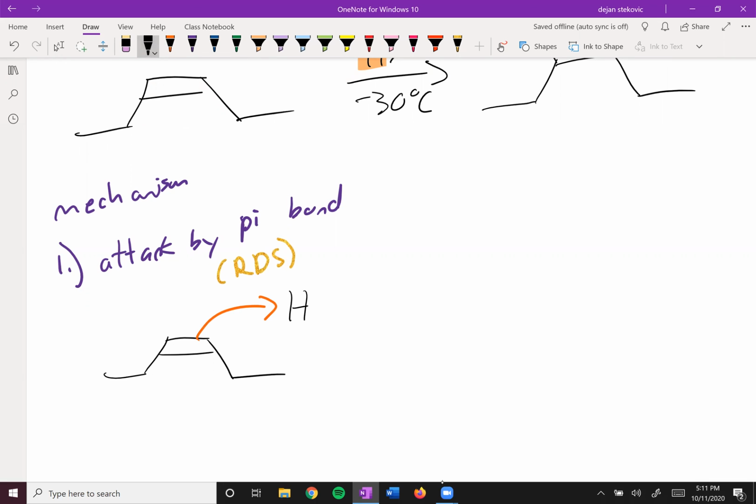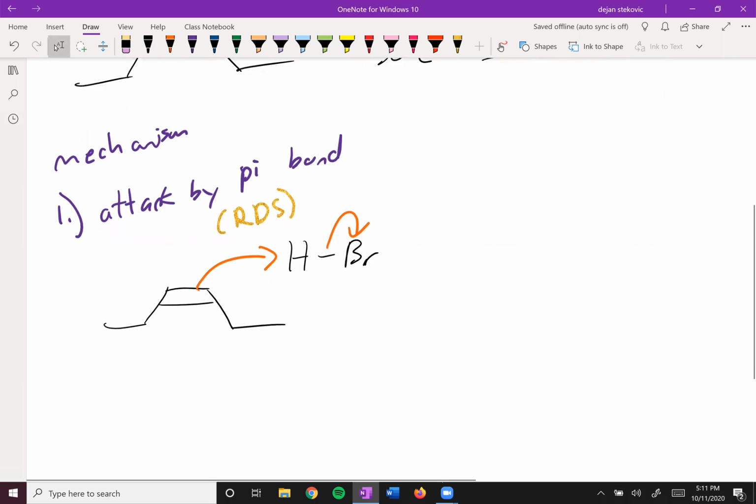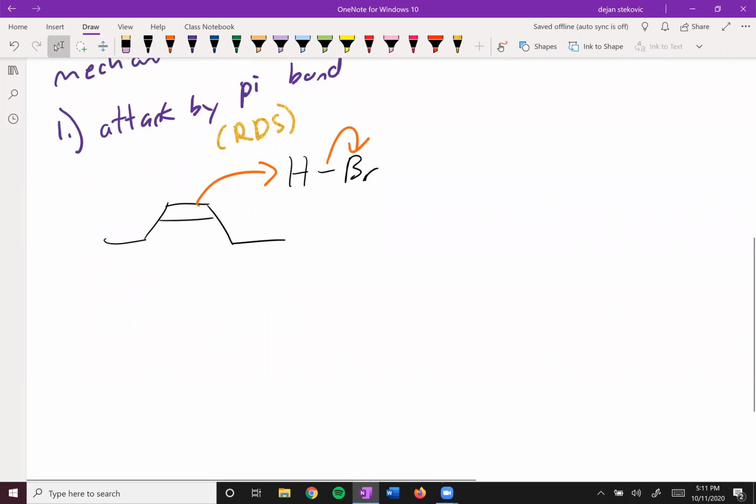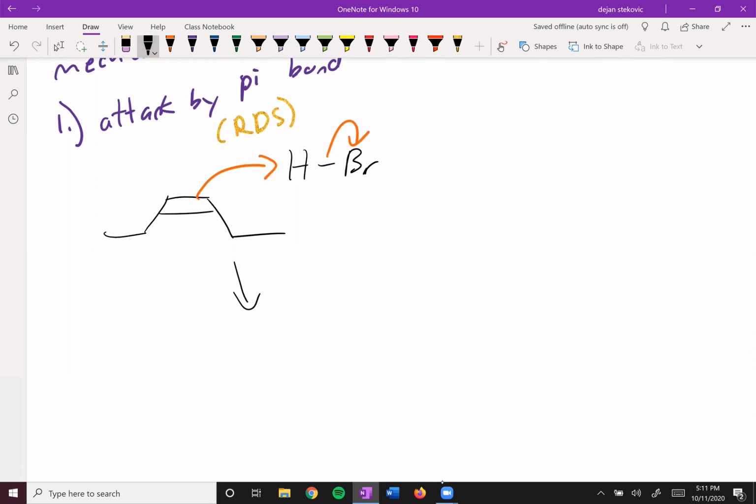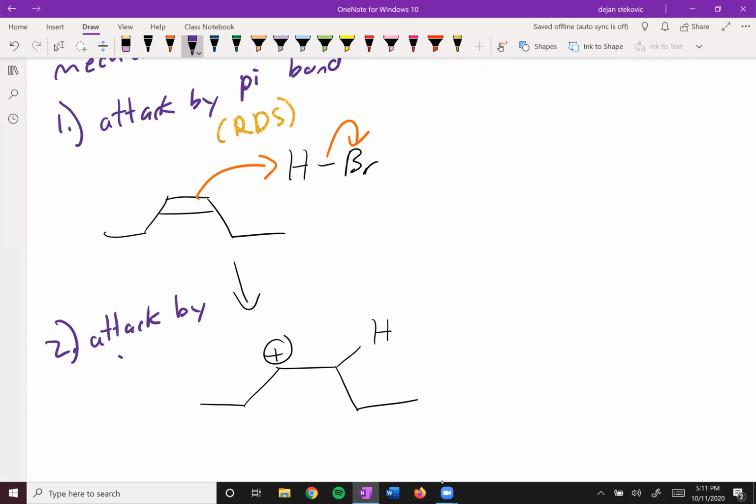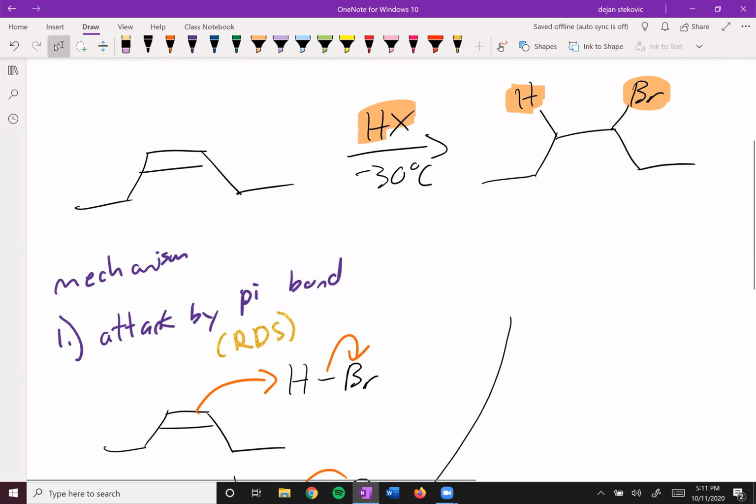Our pi bond is going to attack the hydrogen of our HBr, the partially positive side of things, to form a carbocation. And then in our second step, we have the attack by the nucleophile, in this case, our halide, to give us our final product where we've added HBr across the compound.